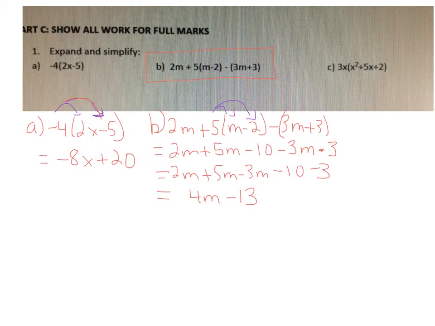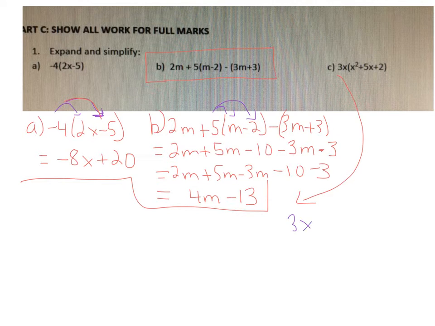For question C, I'm just going to work down at the bottom here so that we don't get confused with the other answers, and I'm going to write in a different color. For question C, we have a rainbow again because we have 3x being distributed into the trinomial bracket. 3x times x squared, 3x times 5x, and 3x times 2.